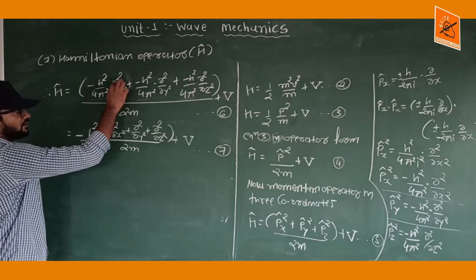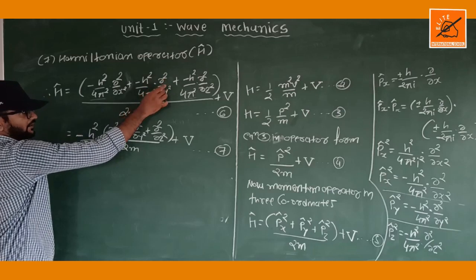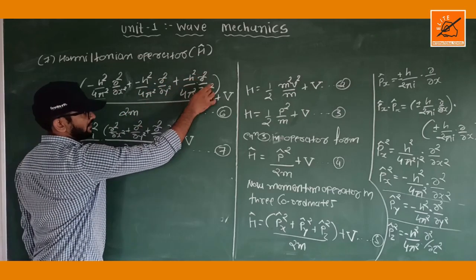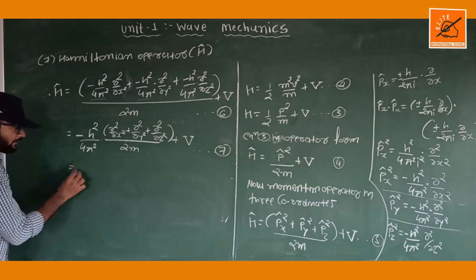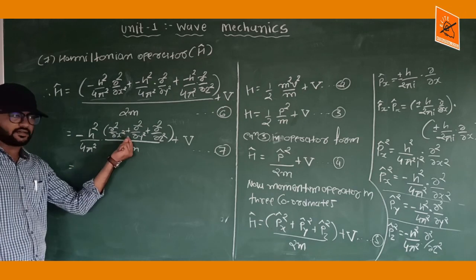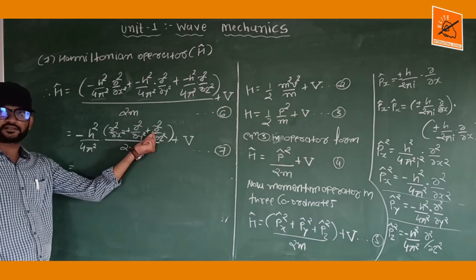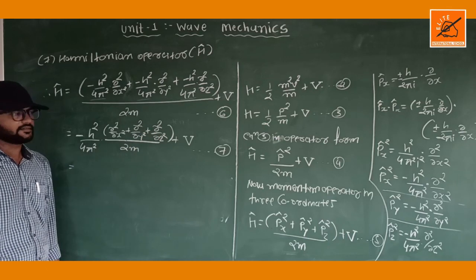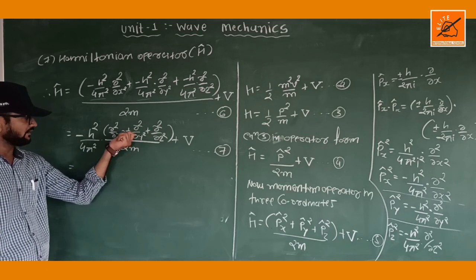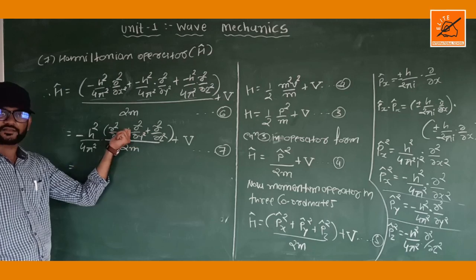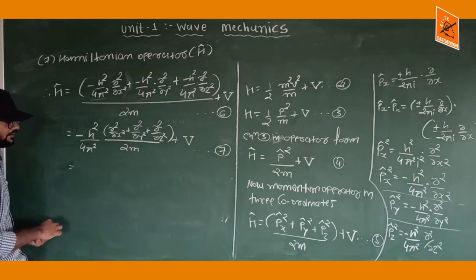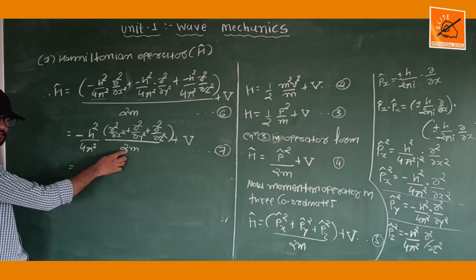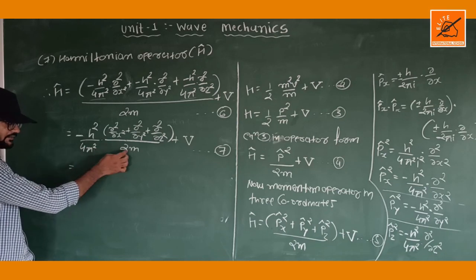So in equation number 6, we took common minus h square upon 4 pi square, and the remaining terms are del square upon del x square plus del square upon del y square plus del square upon del z square. Okay. So what is the value of del square upon del x square plus del square upon del y square plus del square upon del z square? It is a Laplacian operator, and it is denoted by del square. Here 4 into 2 means 8 pi square m.